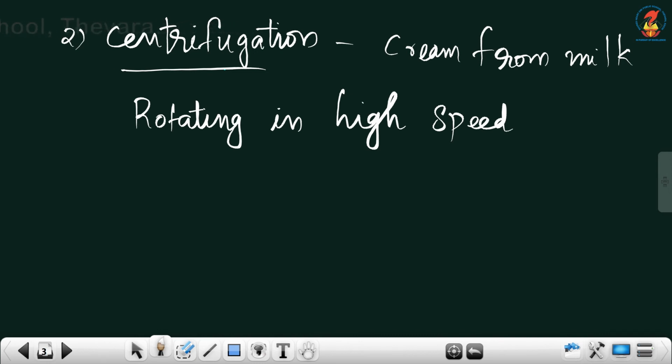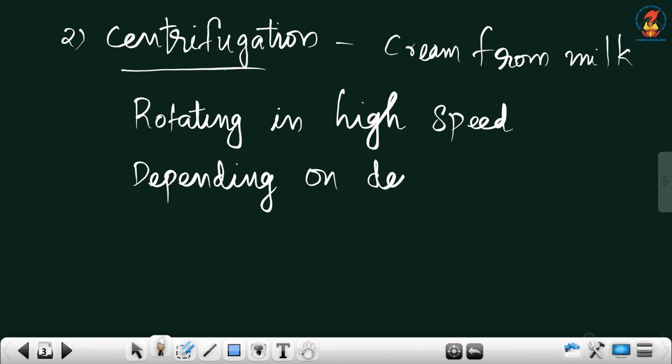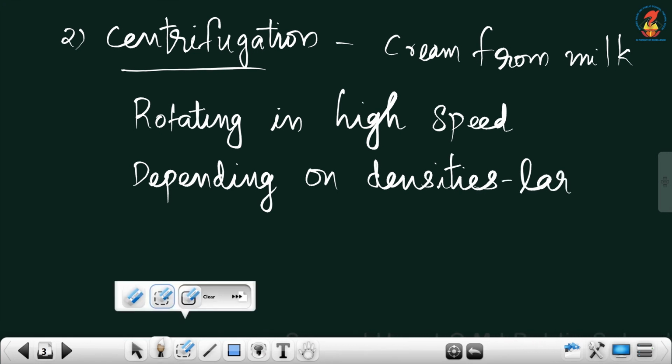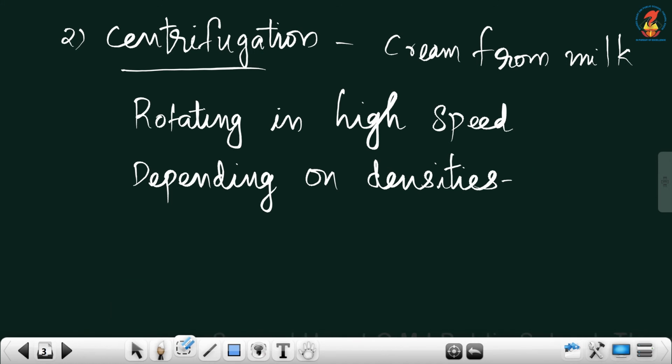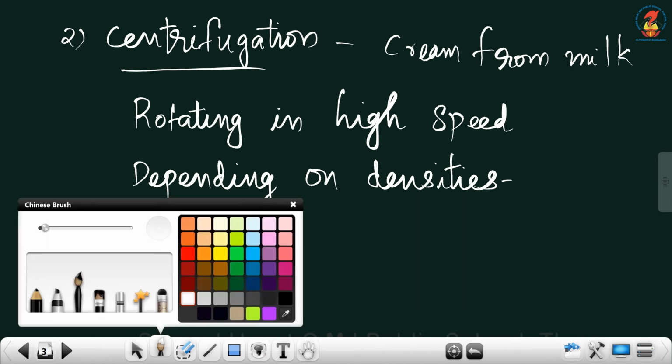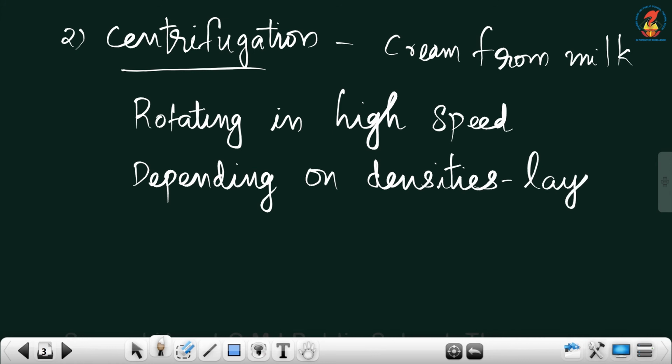Depending upon the densities, layers are separated there. Depending on the density, layers are separated.